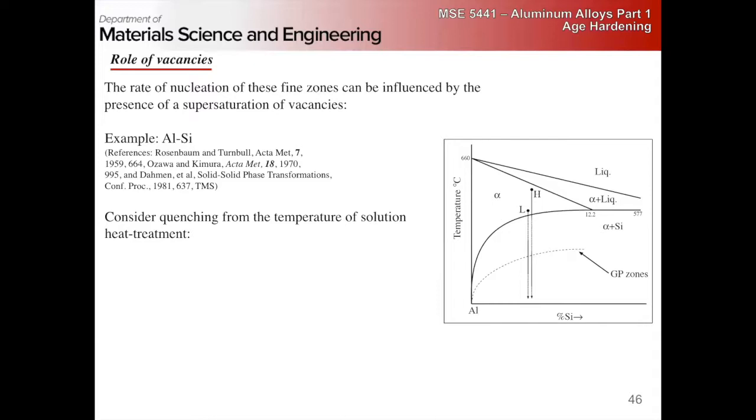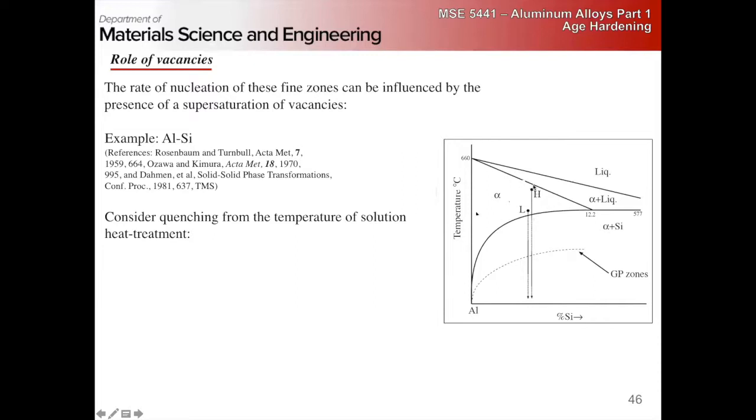So if we look at the classic work that they did in aluminum silicon, so slightly different alloy, let's quench from two different temperatures. First we're both in the alpha field, so we're in a single phase FCC, stable solid solution of aluminum and silicon.